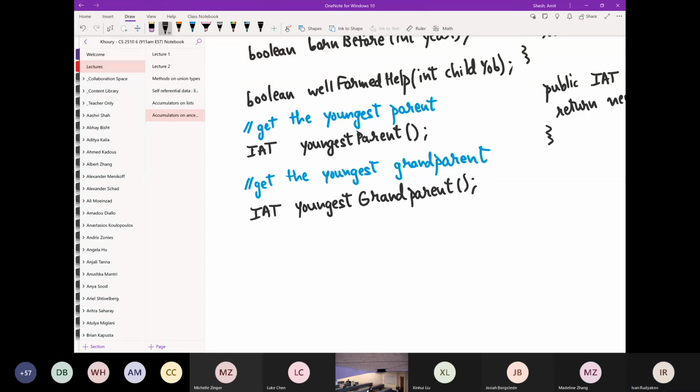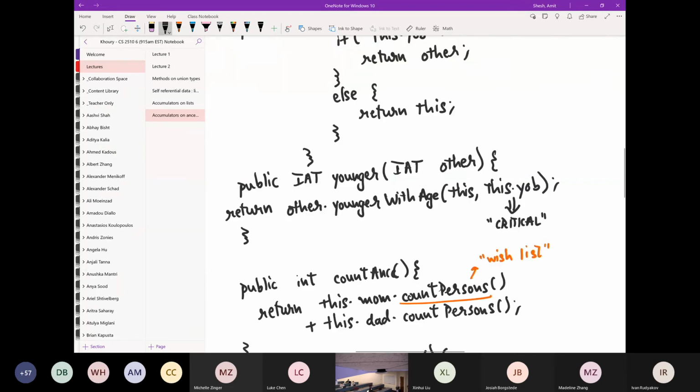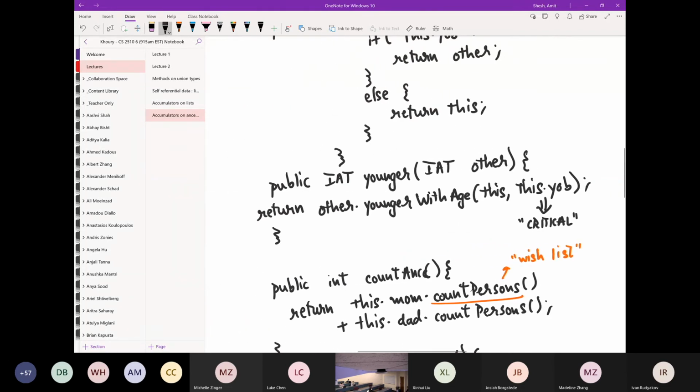Yes. Okay, good. The youngest grandparent of this person is the younger of the youngest parent of the mom and the youngest parent of the dad. Okay? Does everybody understand? So, time to convert it to code.